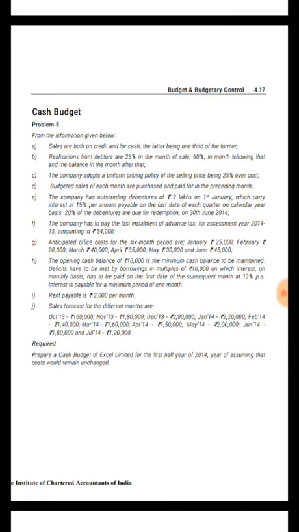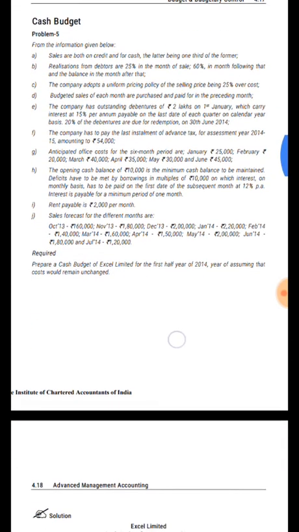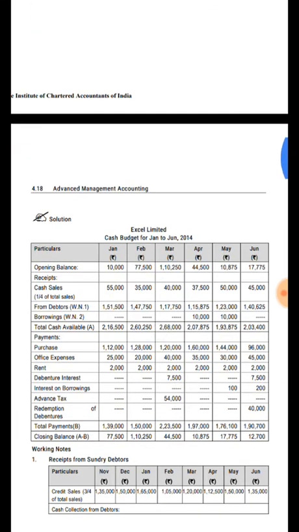Nothing else. One cash sale was there, one realization from debtors was there, and that's all. So 10,000 opening balance, cash sale, from debtors 1,51,500. So total cash available is 2,16,500.